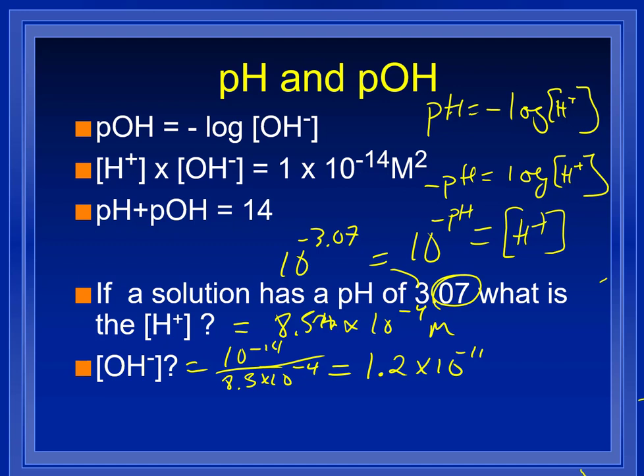Okay, quick check. When you got just ones, the exponents always add up to negative 14. When you got numbers in front, they're always going to add up to negative 15. Because 8.5 times 1.2 is 10. And 10 times 10 to the negative 15th is 10 to the negative 14th. So the exponents are always going to add up to negative 15 if there's not ones in front.